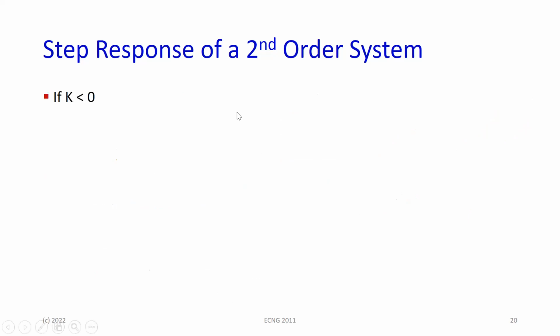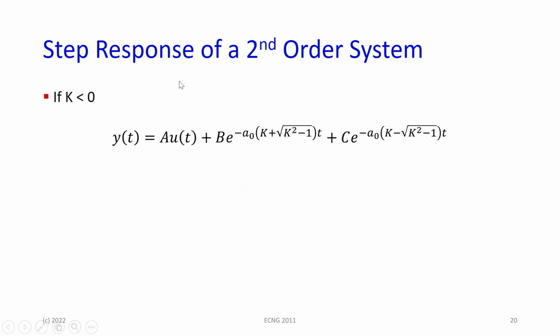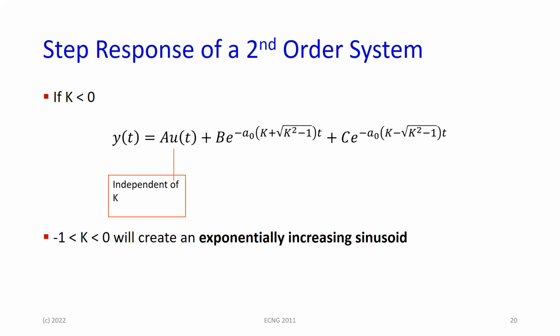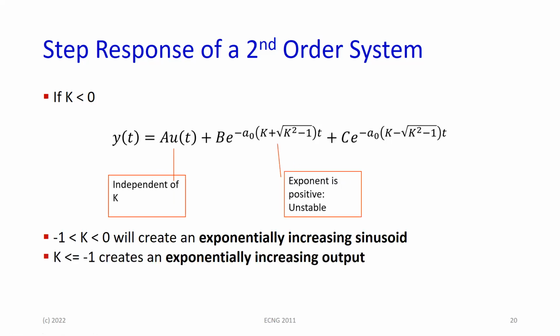So let's see if k is less than 0. If k is less than 0, the first part of the answer, a u(t), is independent of k, so that doesn't matter. I have the animation a little wrong here. Forget the two bottom bullets for the time being.